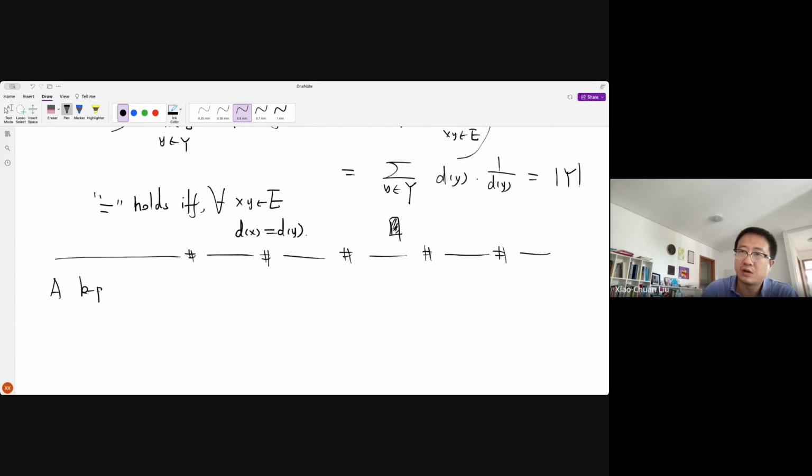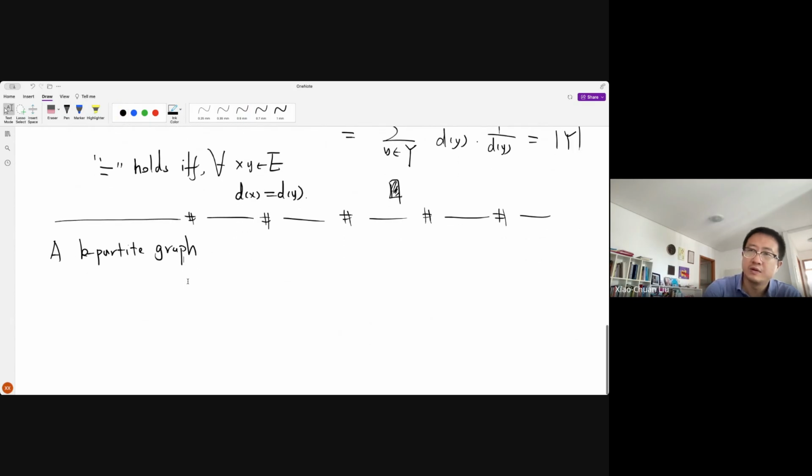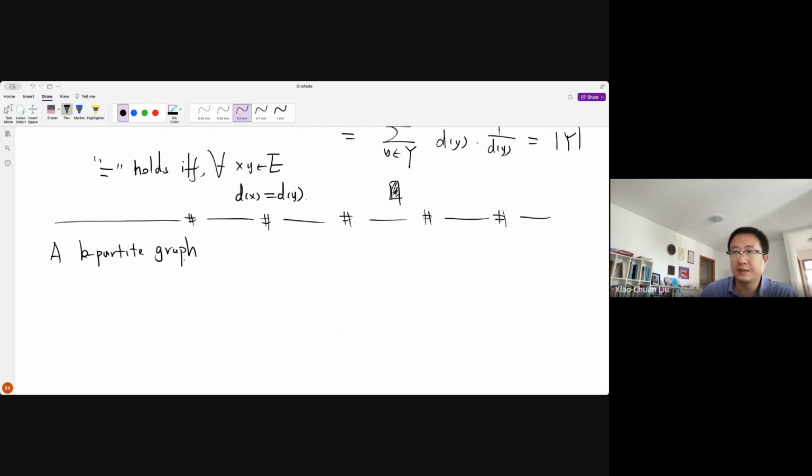A k-partite graph just has k parts, for example v1, v2, up to vk, and the union of these is the total vertex set.